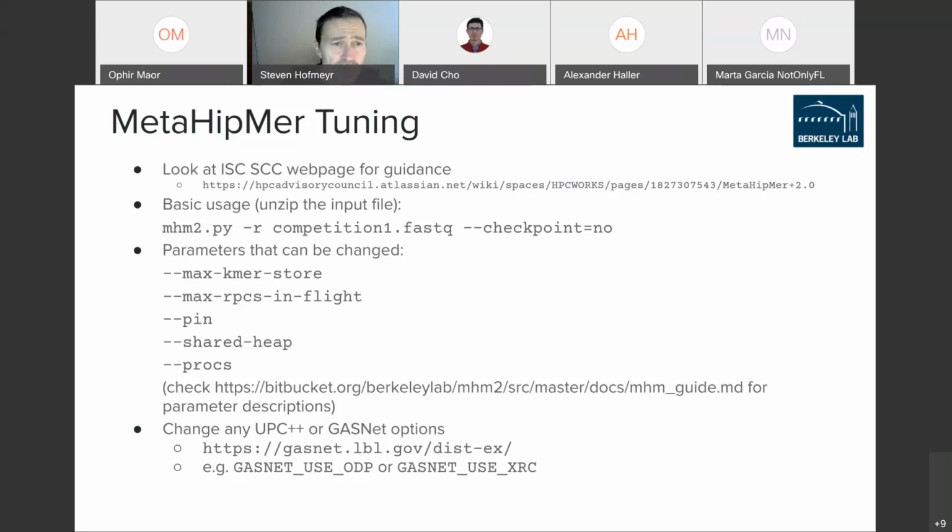There are some parameters to MetaHitmer 2 that can be changed, and I'll detail a few of these down here. Your mileage may vary. It depends a lot on your setup of your system, whether these will help or hurt you. But let me just go through them a little bit. There's this parameter here, max K-mer store.